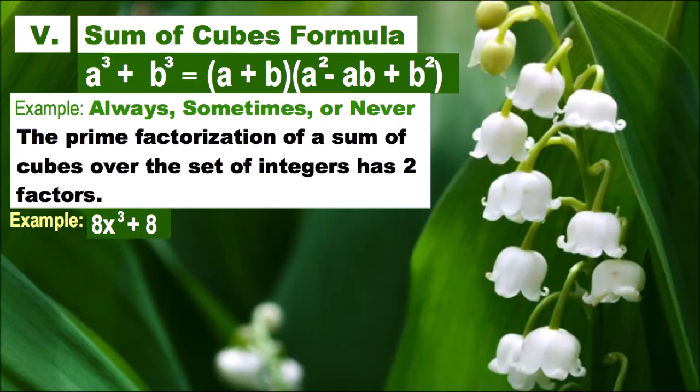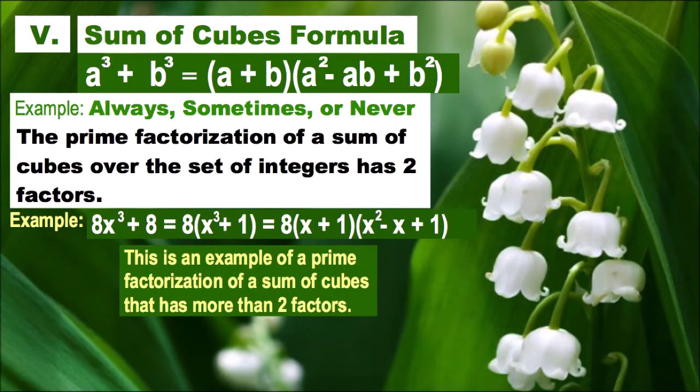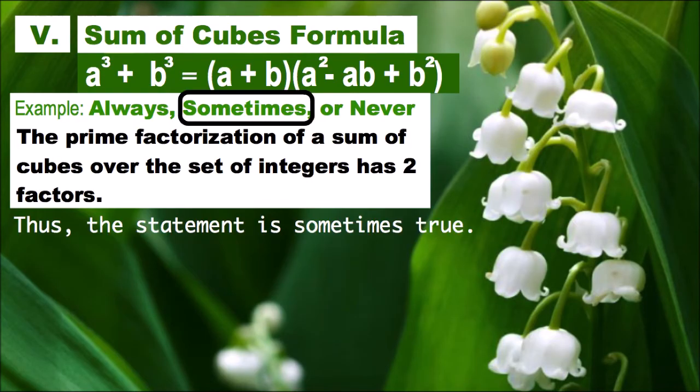What about 8x cubed plus 8, which equals 8 times the quantity x cubed plus 1, which equals 8 times the quantity x plus 1 times the quantity x squared minus x plus 1. This is an example of a prime factorization of a sum of cubes that has more than two factors. Thus, our statement is sometimes true.